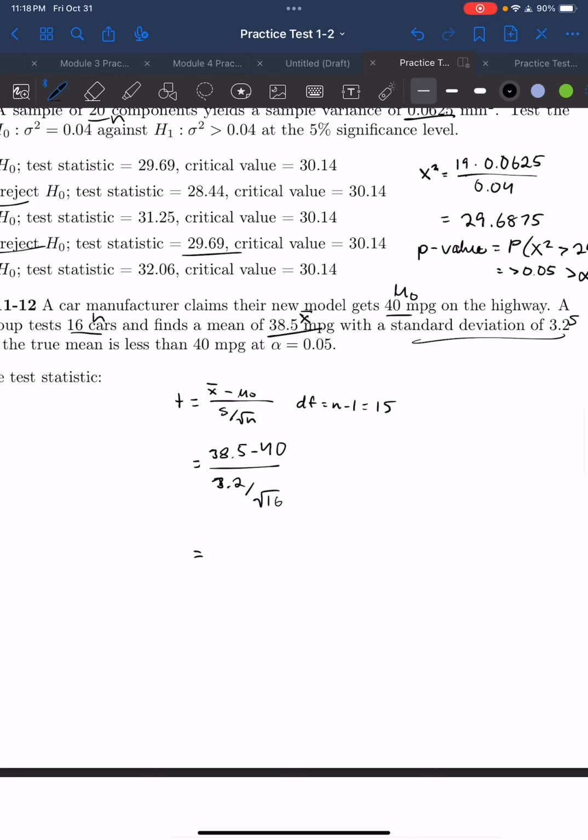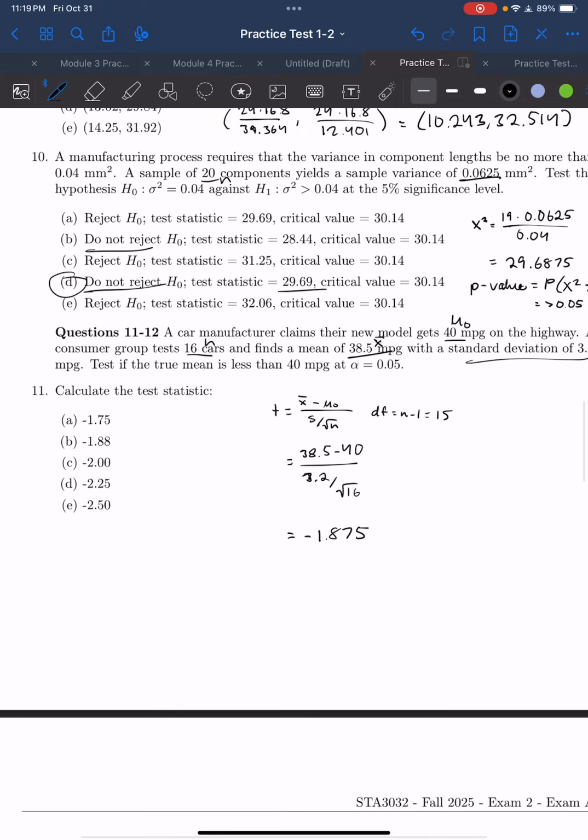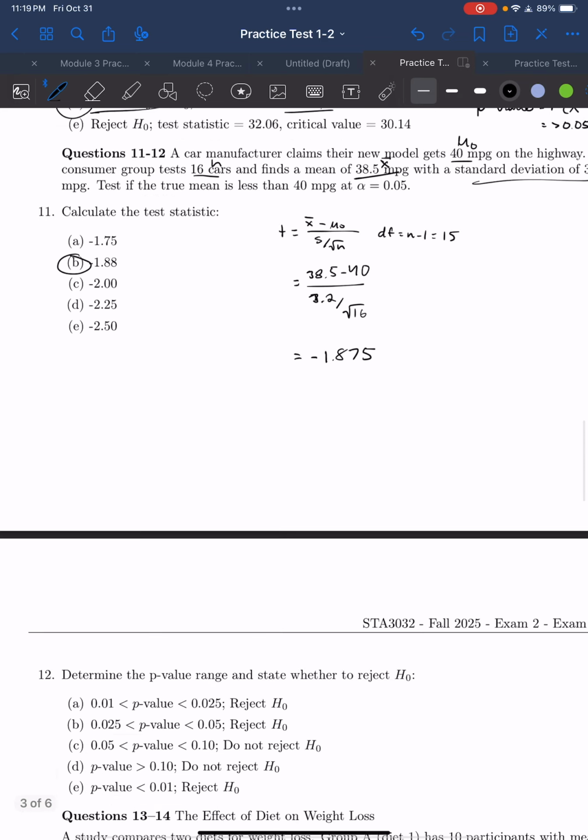If you plug that into a calculator, 38.5 minus 40 divided by 3.2 divided by square root of 16, which is 4, you should get negative 1.875. That's around negative 1.88. So our correct answer should be B for our test statistic.